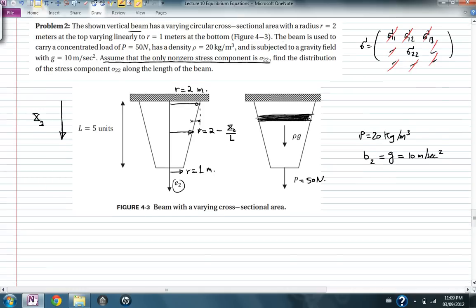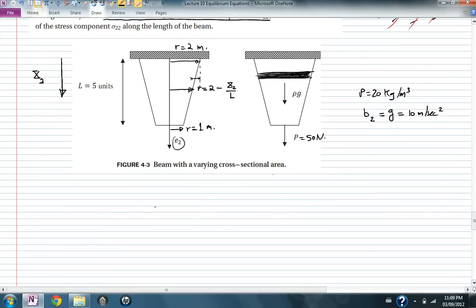So when I extract that sliver, I know the following. This is the direction of increasing x2. If the stress here is sigma 2,2, then the stress here has to be equal to sigma 2,2 plus a little bit more.